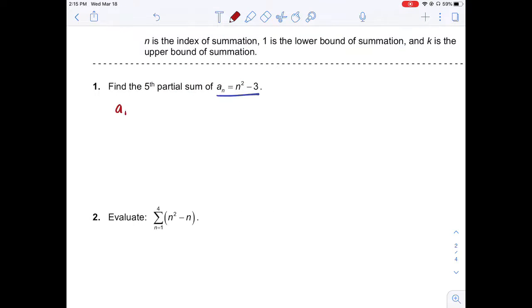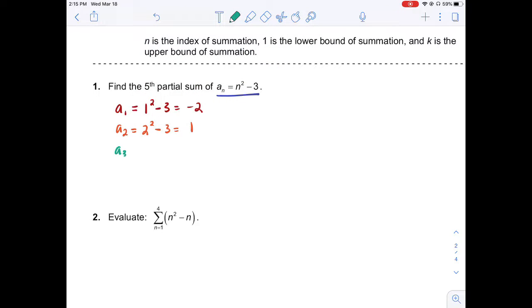We're going to use our explicit formula. We'll start at a1. For a1, this would be 1 squared minus 3, which gives us negative 2. For a2, that's 2 squared minus 3, which is 4 minus 3, which is positive 1.